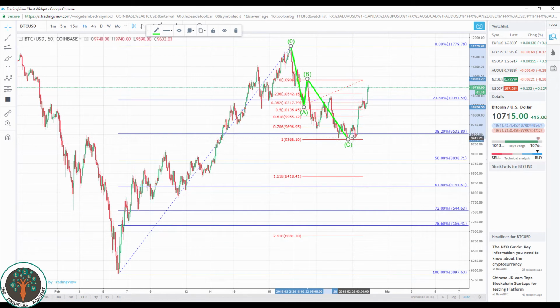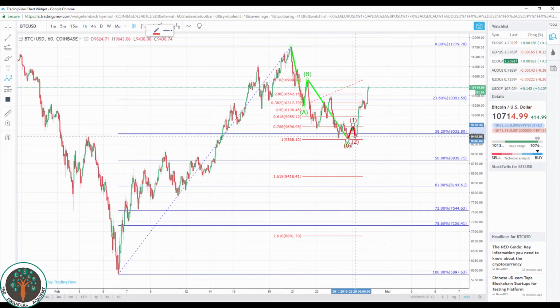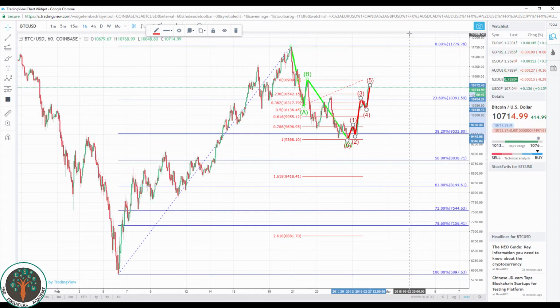Right now, we've got a very nice 5 waves of an uptrend movement. There's the 1, the 2, the 3, the 4, and the 5. So, we can say that our expectation is to receive another pullback toward the 10,400 or 10,200 territory. And from that position, we're expecting the market to continue its uptrend movement.